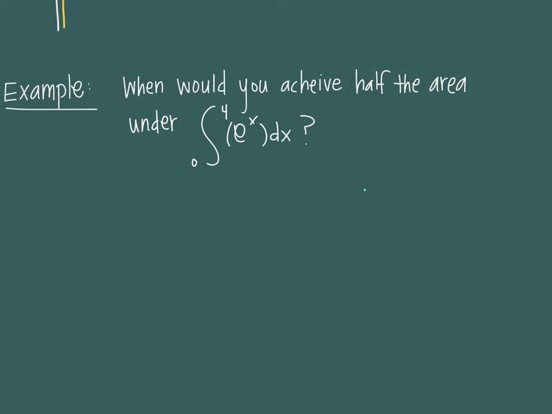All right, when would you get to half of the area? If you have the amount of area from 0 to 4, how do you get halfway? All right, one multiple choice option might be this, that somebody would just say, oh, just go 0 to 2 then. 0 to 2, that would be a multiple choice answer. If you go from 0 to 2, that's halfway, and then you'll get half the area. And you'll get half of 0 to 4.